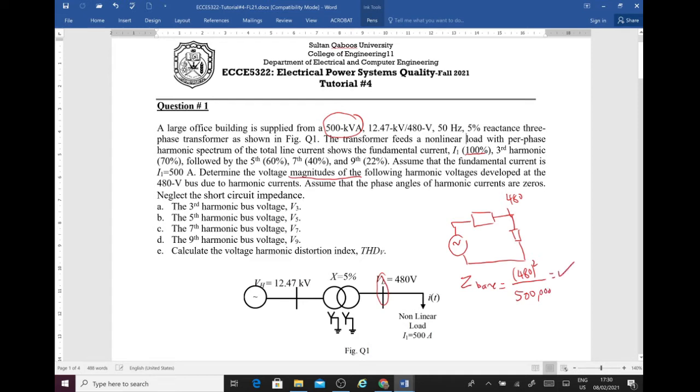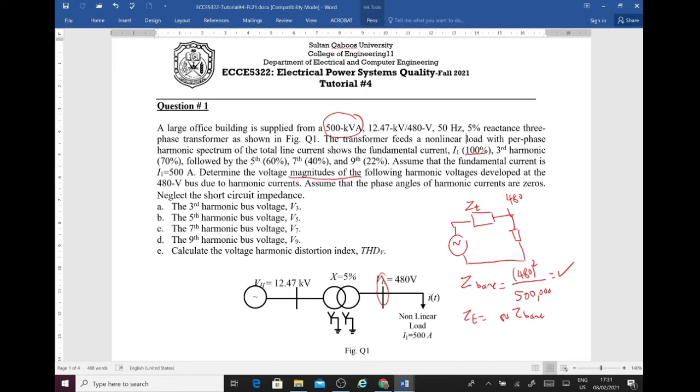Then we can calculate Z transformer in ohm. It will be Z per unit times Z base. So that will give us the transformer impedance in ohm. This is the equivalent circuit for the network at the fundamental frequency.